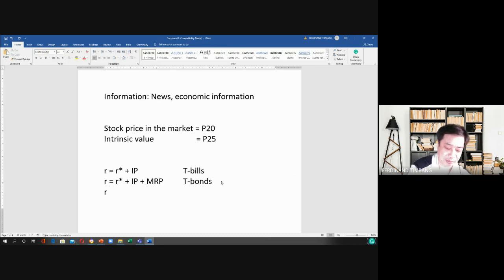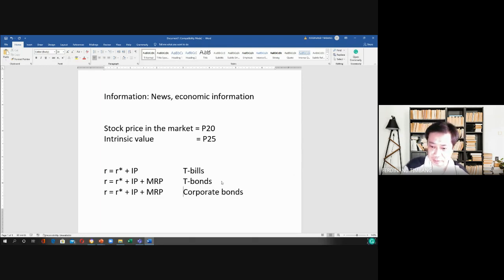Pagdating sa corporate bonds, yung formula naman natin dyan ay R star plus the IP plus the MRP. No? Yung corporate naman, no? Corporate bonds.